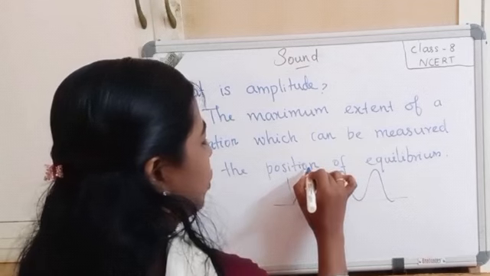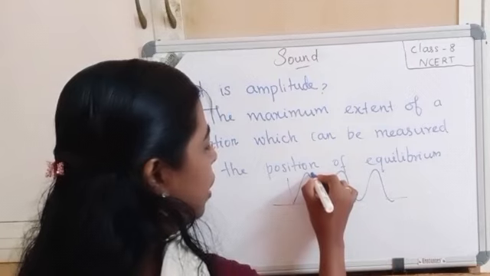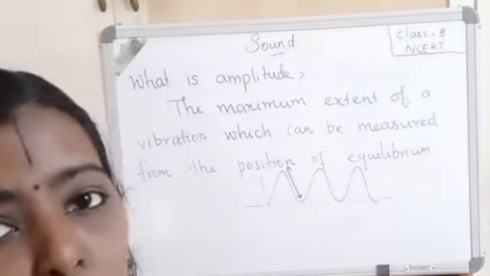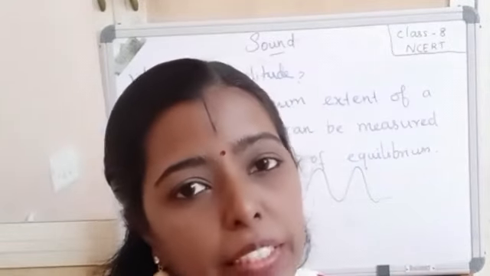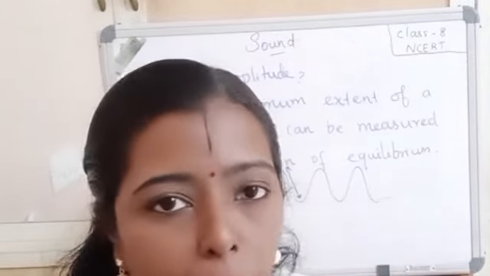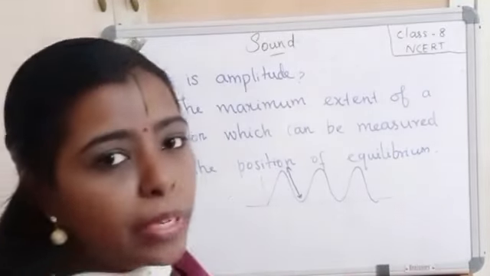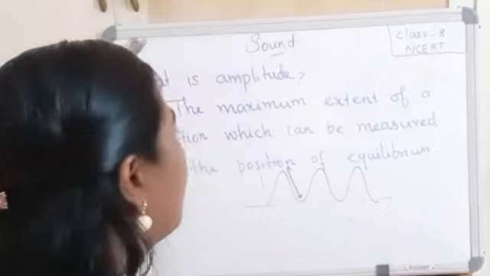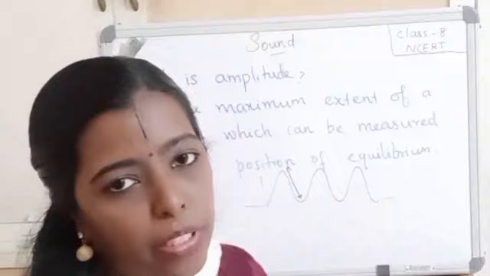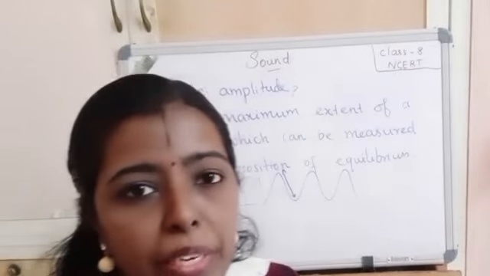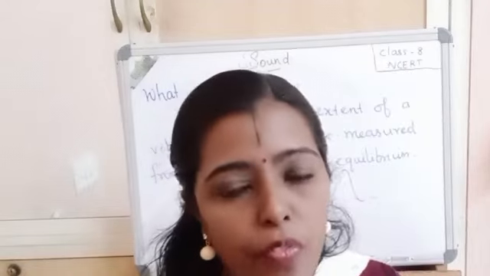This wave goes up and down, up and down. The amount of energy transferred by a wave can be measured, and that measurement is called amplitude. So amplitude is the maximum extent of the vibration measured from the position of equilibrium, or the measurement of the amount of energy transferred by a wave.